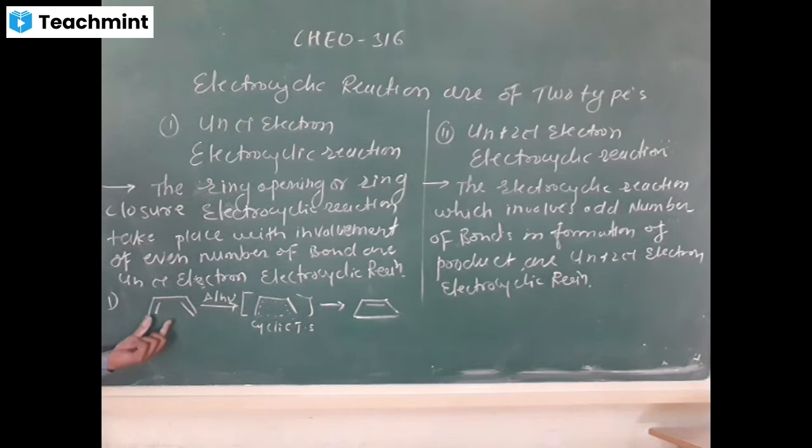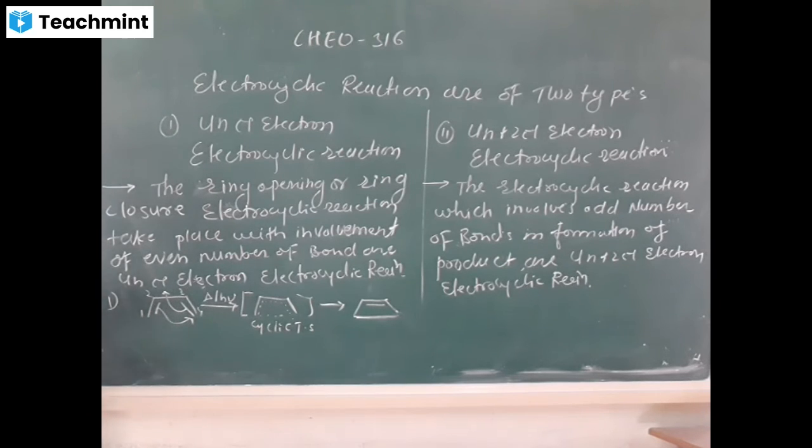But what happens with the number of bonds? How many bonds are involved to get this product? So you can say that this is 1, 2, 3, 4. What happened over here? These two bonds are shifted here to form a new sigma bond, and these 2 pi electrons are shifted here between 2 and 3.